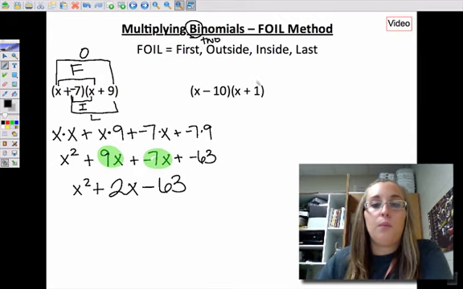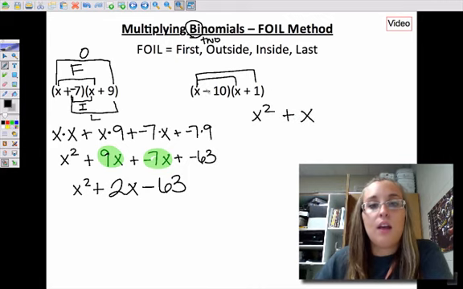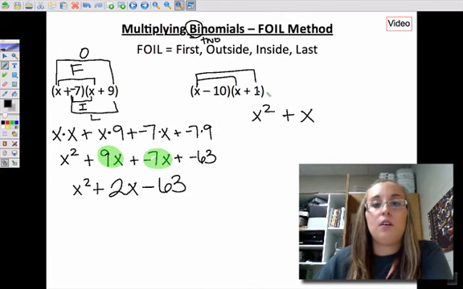Okay, so once again, we're going to do first x times x. I'm going to go ahead and write down x squared. Outside is x. And do you see how this is the distributive property? First, I'm distributing my x, taking x times x, x times 1. Then next, I'm going to distribute the negative 10.